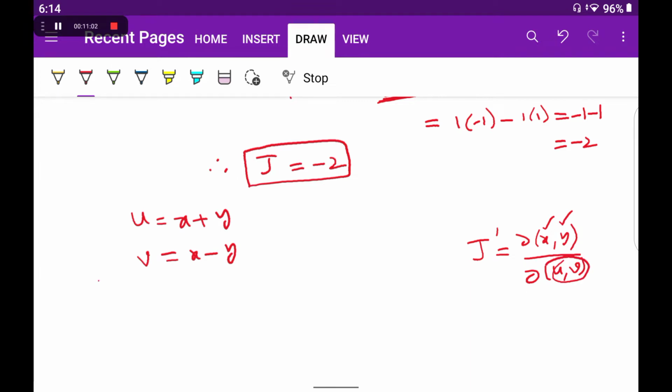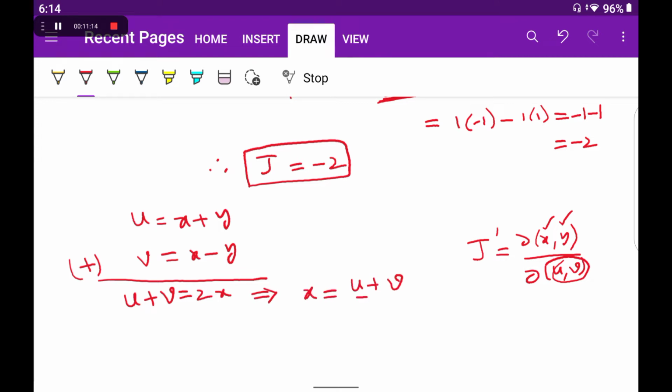So for that what you have to do is, you just add these two. What you will get? u plus v equal to 2x. From this you can write x equal to (u plus v) by 2. Similarly, if you subtract, u minus v is 2y, so y is (u minus v) by 2.